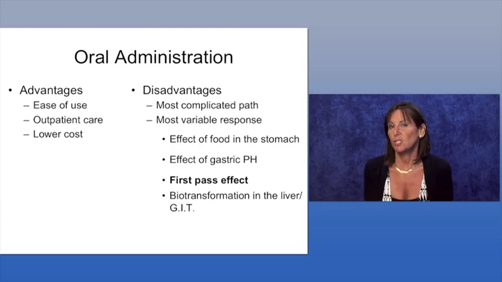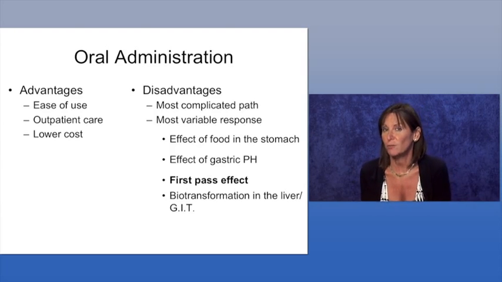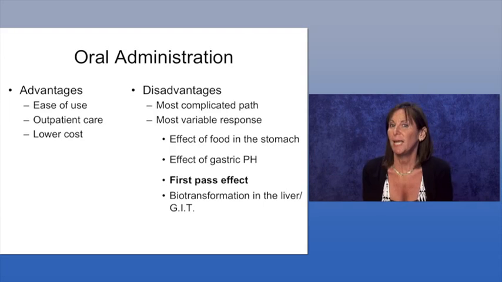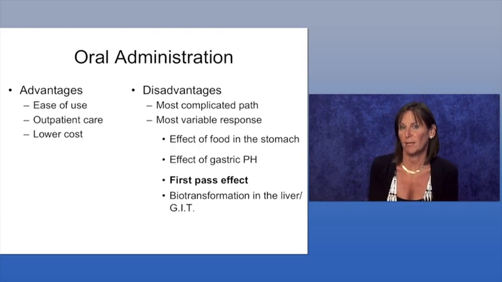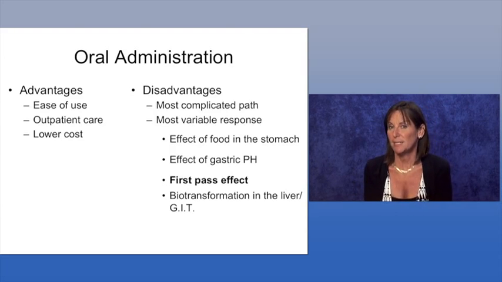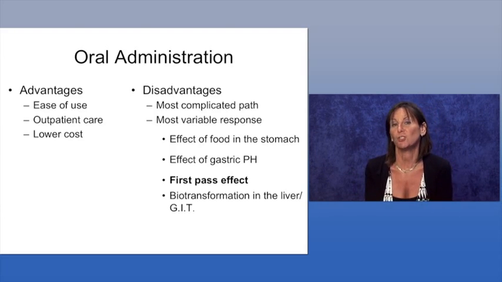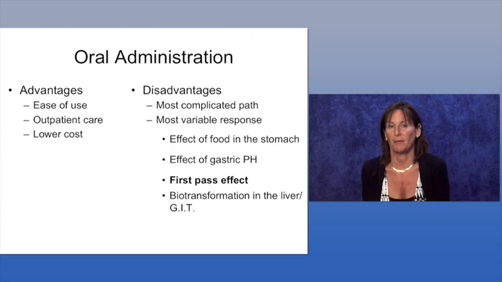One is, does food in the stomach increase or decrease the ability of the drug to get from the stomach into the blood supply? Does the pH of the stomach, i.e. the acidity of the stomach, in any way impact how the drug is going to move from the stomach into the blood supply, or from the intestine, anywhere along the GI tract, into the blood supply?